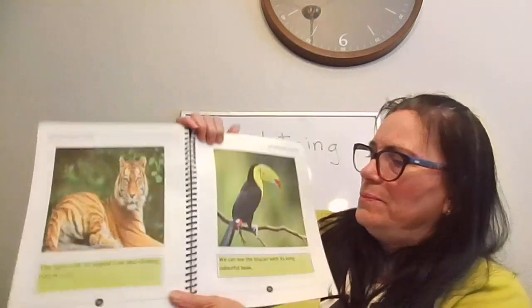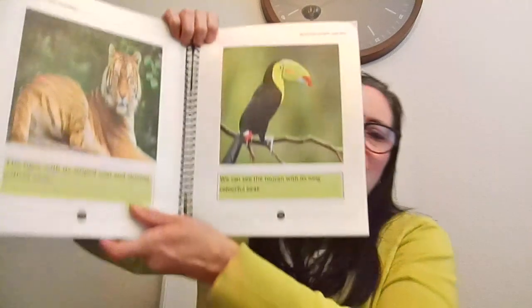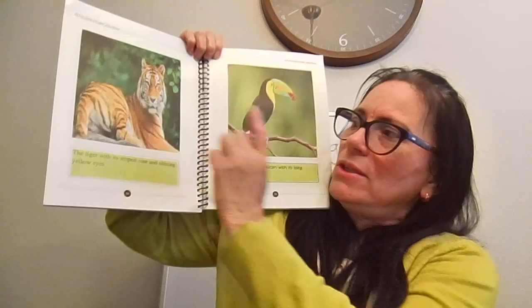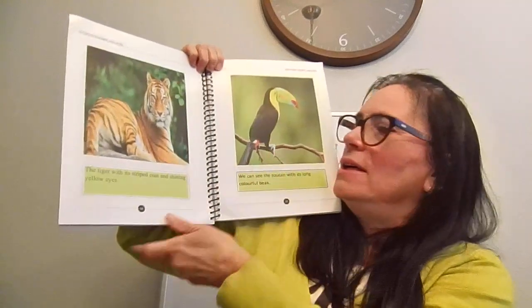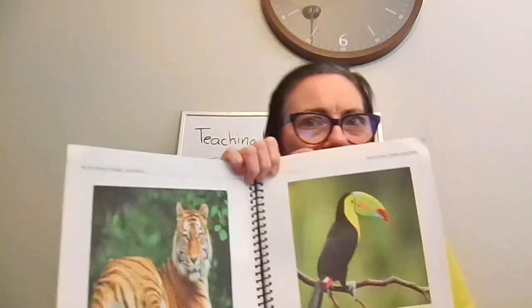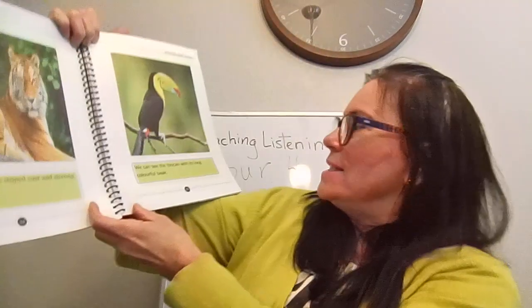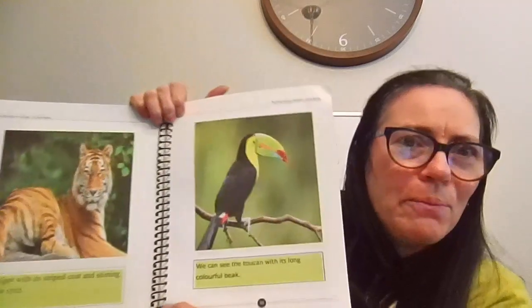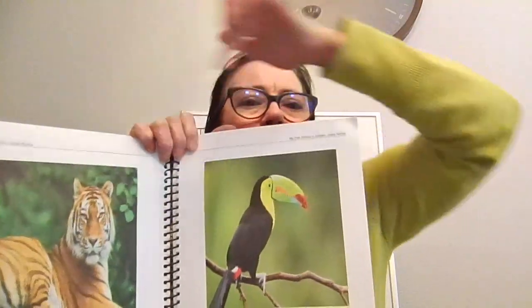So I say, without making any emotions, see if they can discover just by the colors, saying, okay, you choose a picture. Is this the picture or is this the picture? We can see the toucan with its long, colorful beak. Is this picture or that picture? Picture one or two?